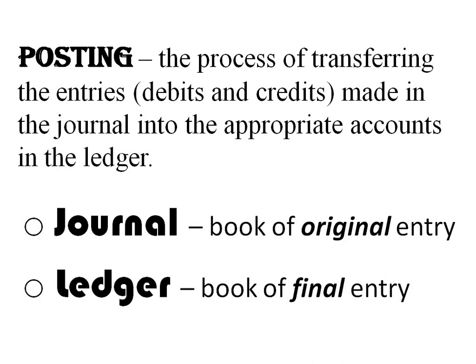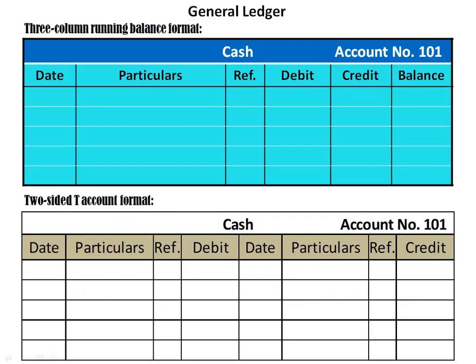Although you should already know by now that posting or classifying is not the last or final step in the accounting process. The ledger is said to be the book of final entry simply because it is considered as the final repository of accounting data. An entity may use either of the following ledger formats.